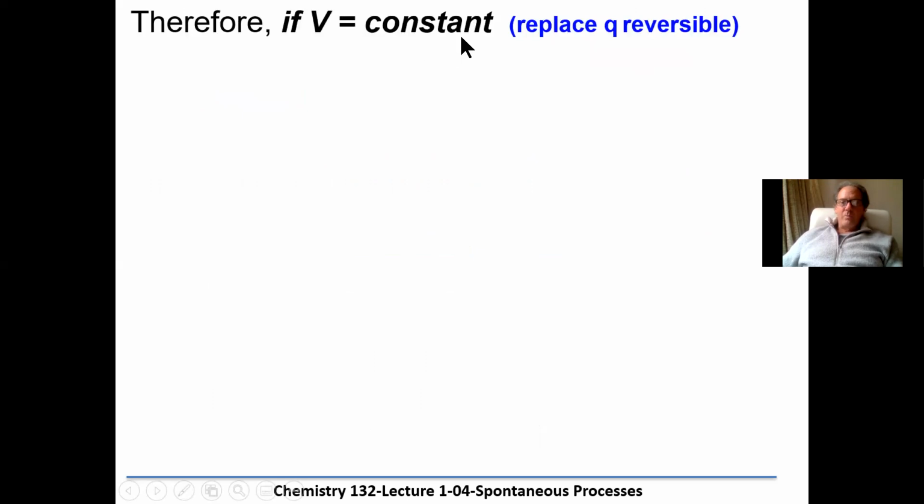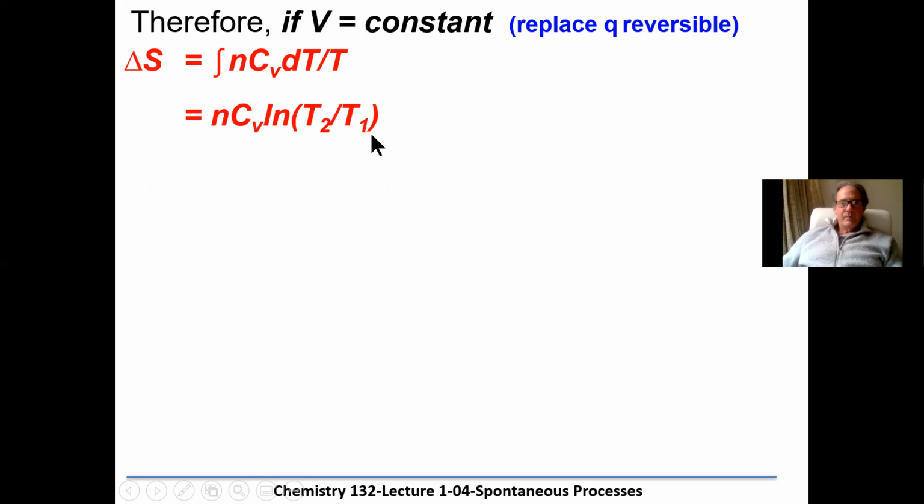Now, if volume is constant, we're going to replace that Q reversible term. So we get delta S is equal to the integral of nCV delta T over T.